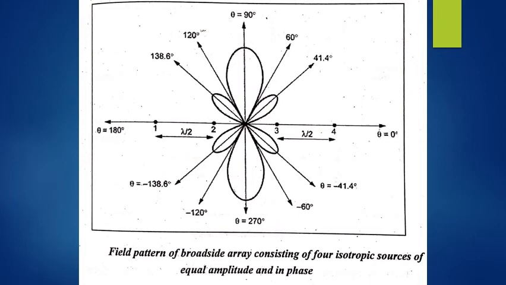So this is ±41.4 degrees and ±138.6 degrees. So we have minor lobes along these directions. Then along ±60 and ±120 degrees, we have the null direction, that is no power at all. So with this we can draw the radiation pattern for the broadside array.